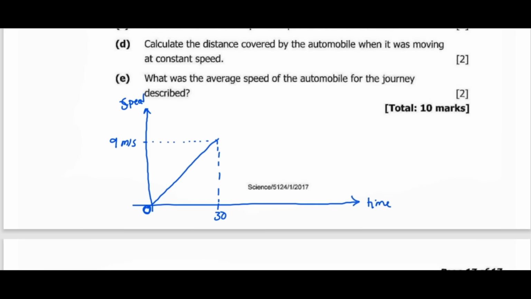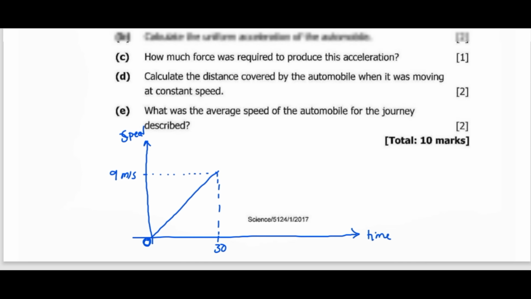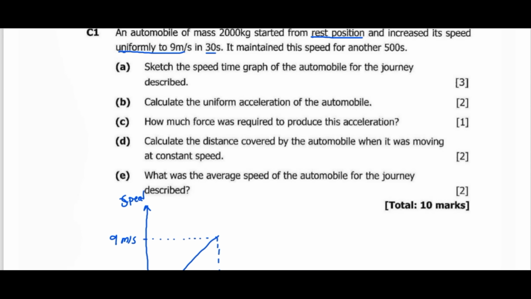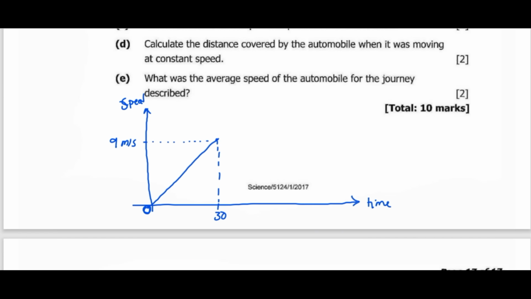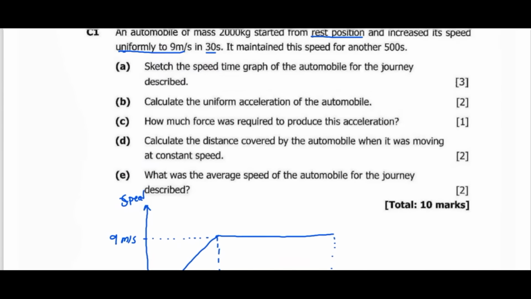We are given that. Then the other part is, it maintained this speed for another 500 seconds. So we are going to draw a straight line parallel to the x-axis. Here we are going to have 530, because from here up to there is 500 plus this 30. So we have sketched. Then for B, calculate the uniform acceleration of the automobile.